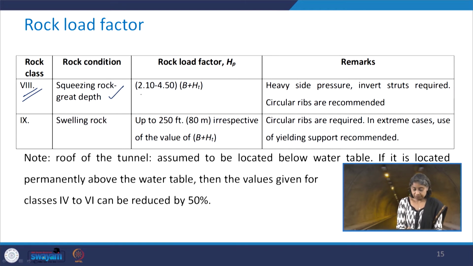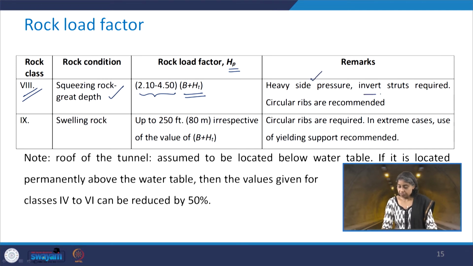Here the rock load factor varies between 2.1 to 4.5 times B plus HT. Heavy side pressure and invert struts are required, and in this case also circular ribs are recommended.